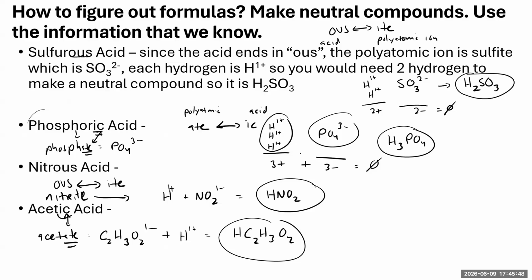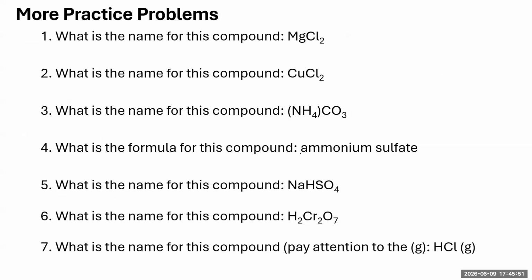All right, let's continue. We're basically just solving problems at this point. Name for this compound, this is a fixed charge. So this is going to be called magnesium chloride. All right, this is a variable charge.